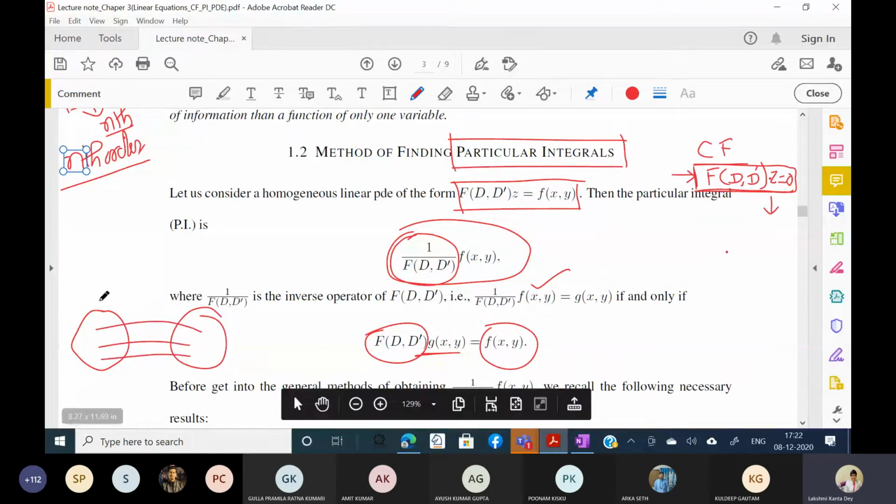So this is just like an operator, it maps from this to this. This is your f(D, D'). And the inverse operator is this part.